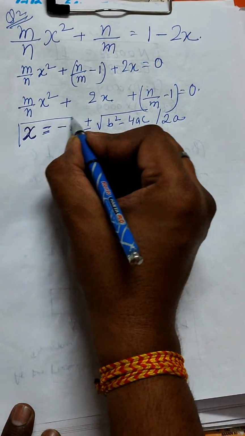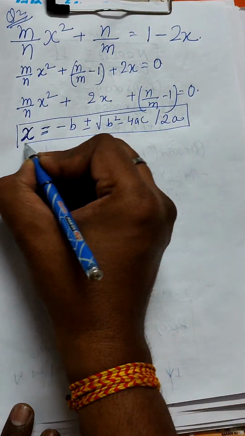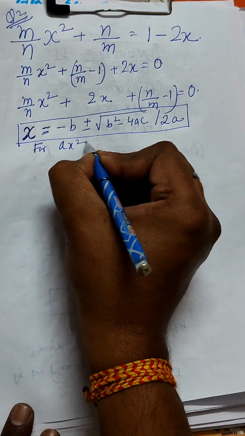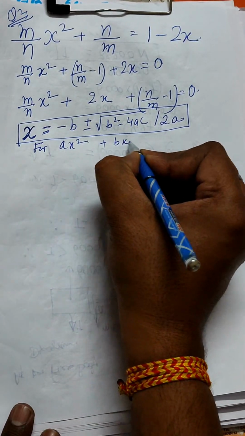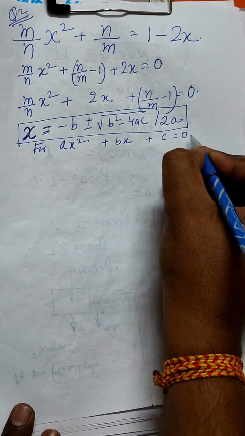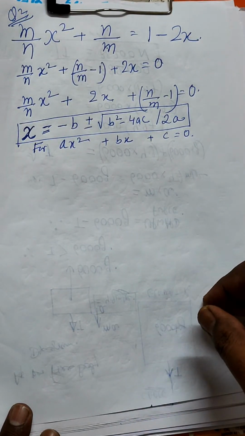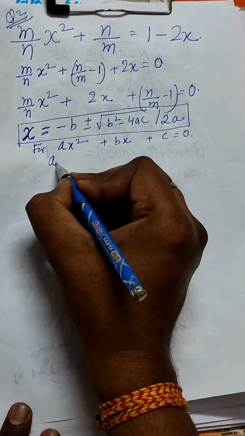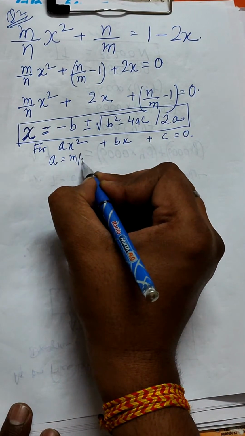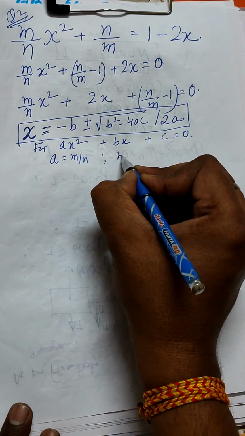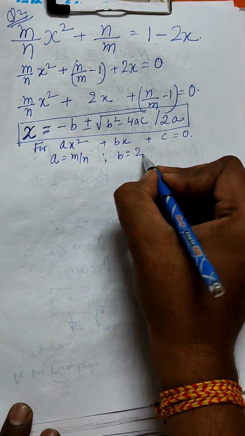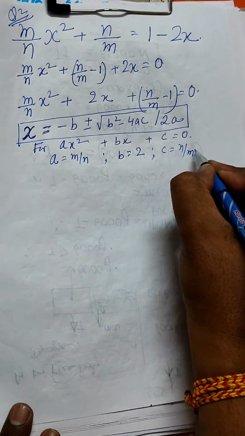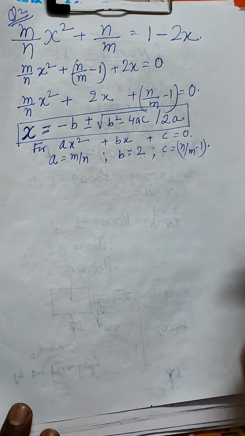These are the roots of the quadratic equation for ax square plus bx plus c equal to 0. So the value of a is m by n. This will give you the value of b as 2. This will give you the value of c as n by m minus 1, right?